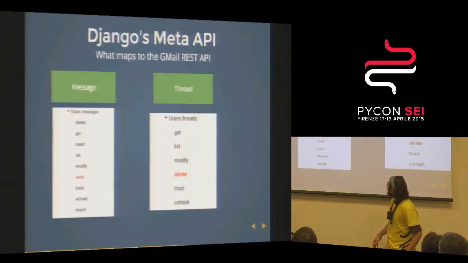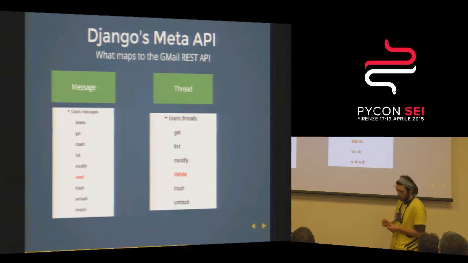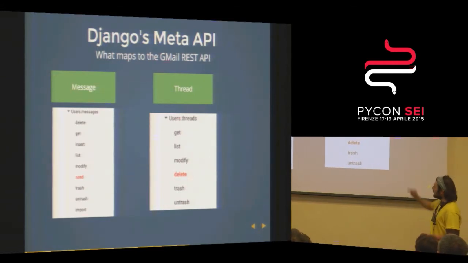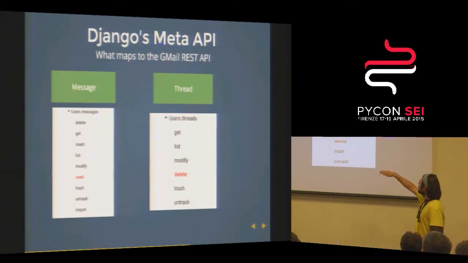So what we started doing is taking a look at Gmail's API. Gmail's API contains lots of main resources, but the ones I cared about most were message and thread. A thread has many messages, and these are the entry points inside Gmail's API.